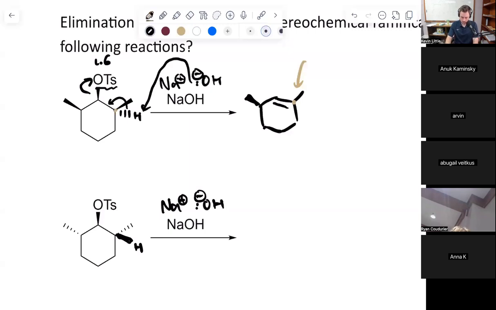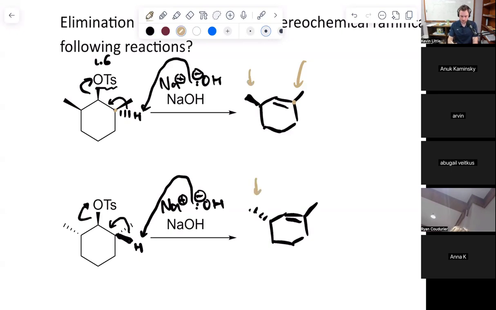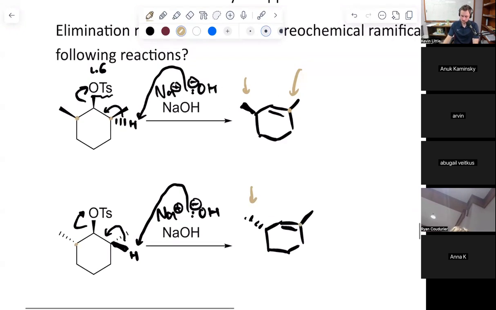All right. The second one is similar. It's the same mechanism. Notice on the left side, I'm keeping the stereochemistry because nothing changed about that, right? These weren't affected by this elimination. But this lost its stereochemical information.